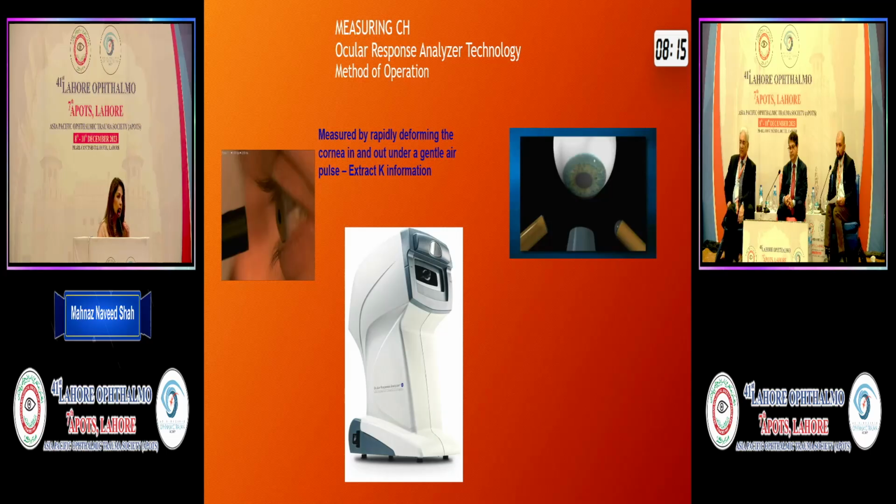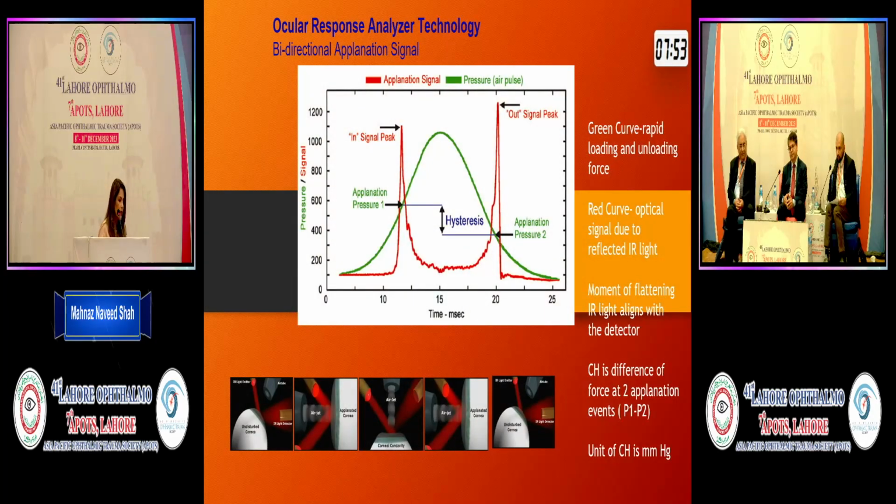The cornea is going to flatten with this air puff jet, and then as a result of that flattening, when the cornea is going inwards, there's one flattening that occurs at that point in time, and then again when the pressure decreases, the cornea will flatten on its way out, and that's going to be the second point at which these two infrared detectors are going to be able to pick up where this flattening has taken place.